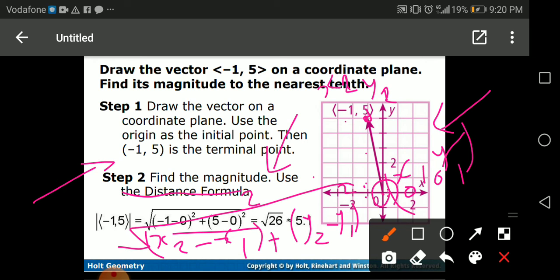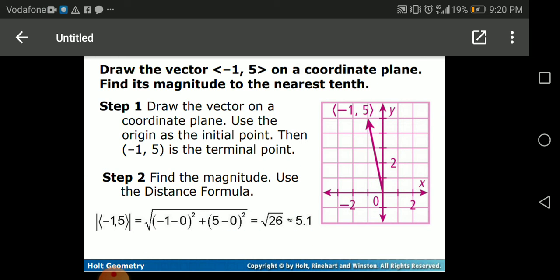By substituting in the rule, (-1 minus 0) squared plus (5 minus 0) squared, and then taking the square root of 26, it gives you 5.1. Okay guys, this is easy.